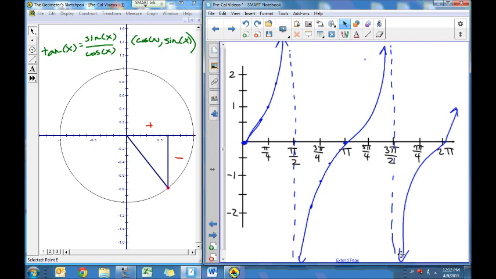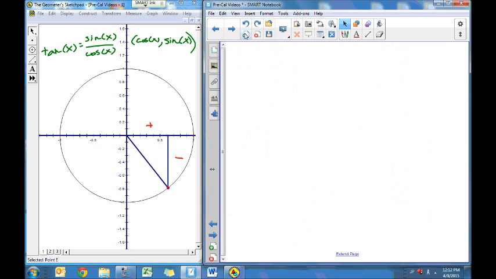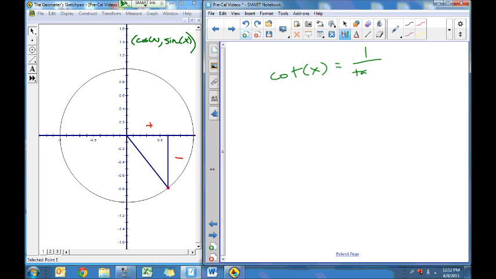Okay, now cotangent of x will be similar, but not the exact same. So let's go back and talk a little bit about what cotangent of x is. Let me erase this. We will keep our cosine of x over sine of x. Now, the way I think of cotangent of x is it's the tangent of x flipped over, 1 over the tangent of x, which, using sines and cosines, will be cosine of x over sine of x.